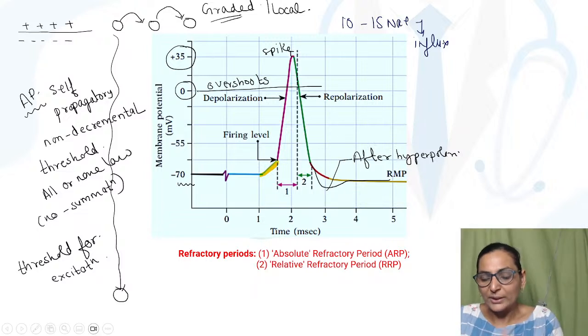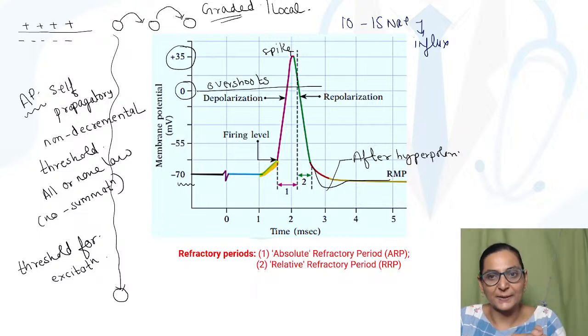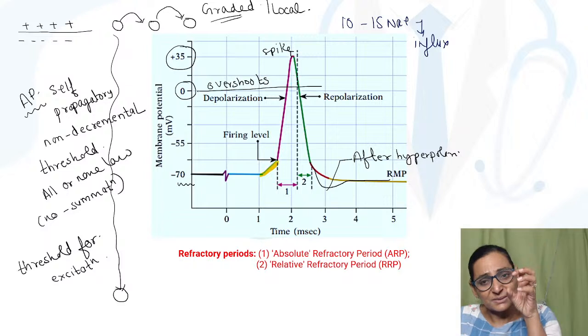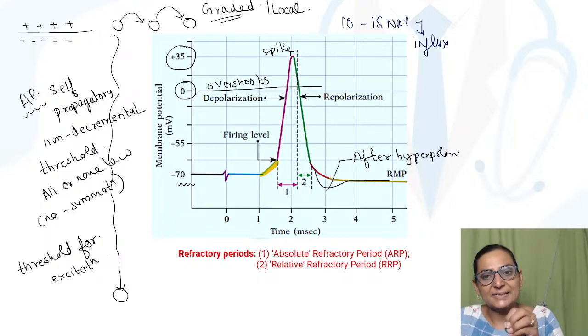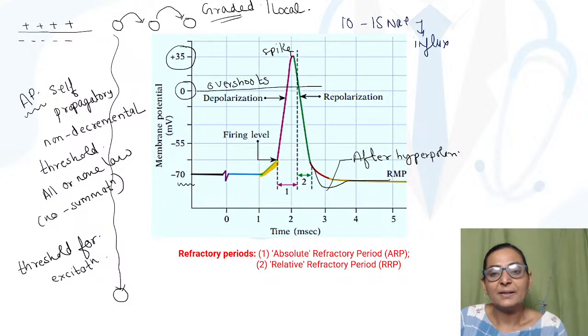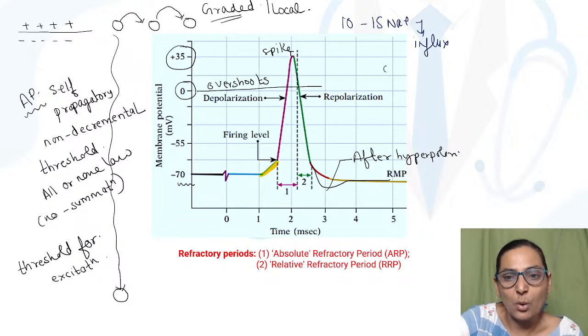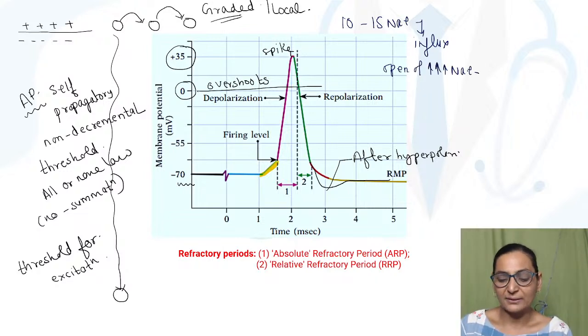थोड़े से सोडियम जो है वो अंदर आ जाएंगे. This small amount of sodium which comes inside will bring about positivity inside, and they will result in opening of more and more sodium channels. ठीक है?